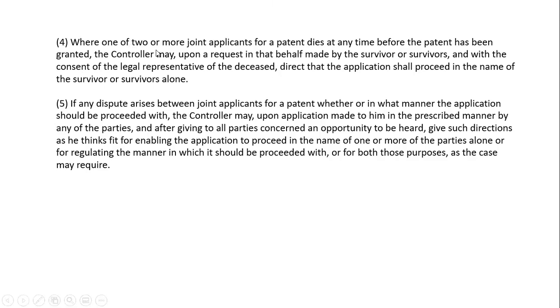Where one of two or more joint applicants for a patent dies at any time before the grant of the patent, the controller may, upon a request in that behalf made by the survivor or survivors, and with the consent of the legal representative of the deceased, direct that the application shall proceed in the name of the survivor or survivors alone.